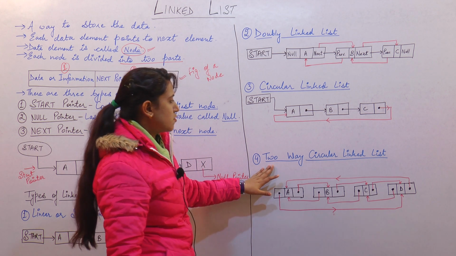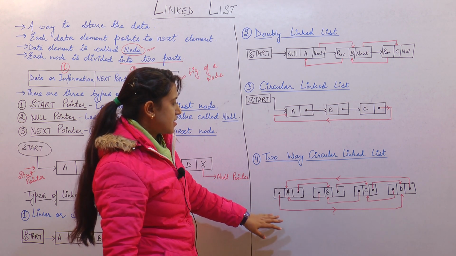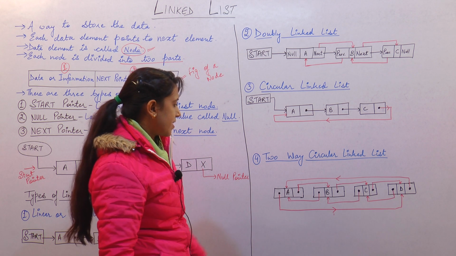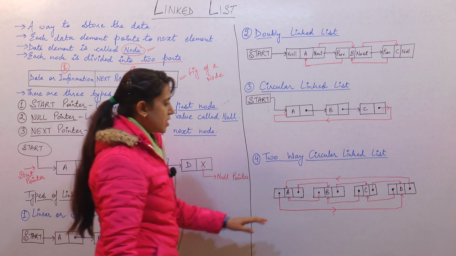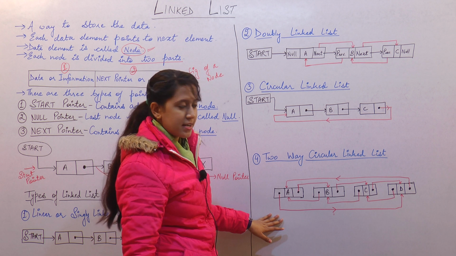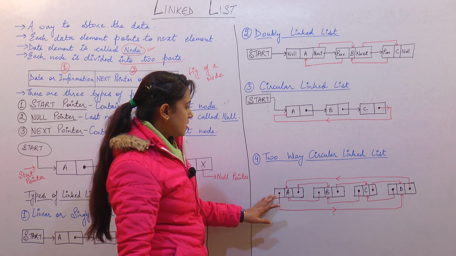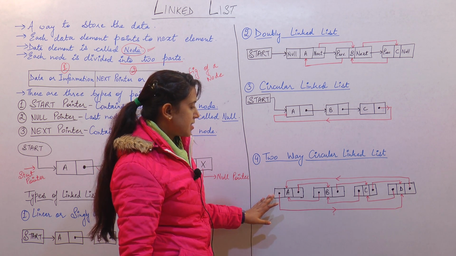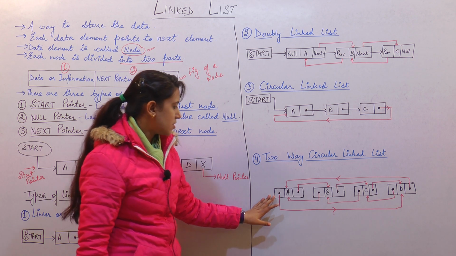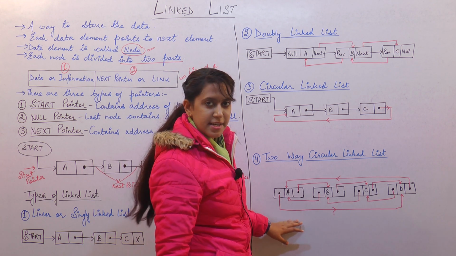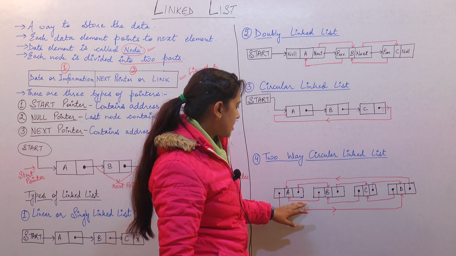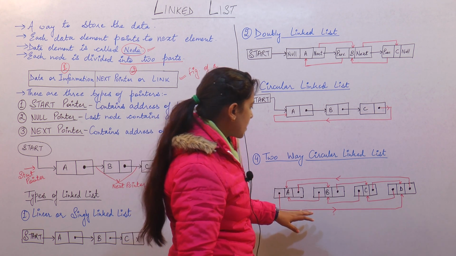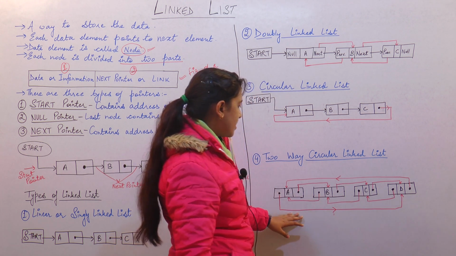And lastly, two-way circular linked list. In this type of linked list, we are having a node divided into three parts as in double linked list. The first part of each node contains the value of the previous node. The second part contains the data field, and the third part contains the next pointer, next node's address.